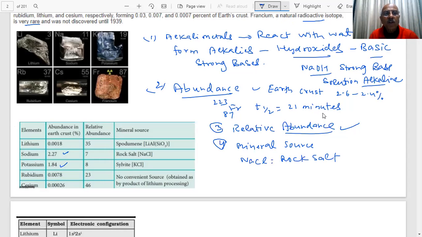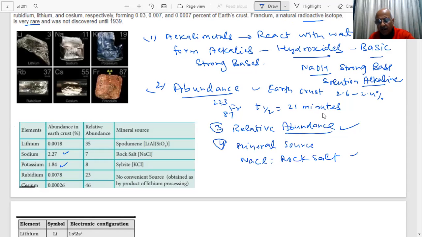People use it for some purpose, like a hot water bath. For potassium, sylvite. These sources are well known.